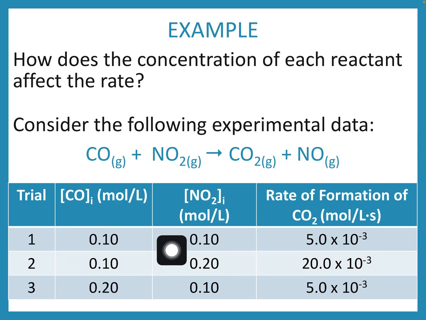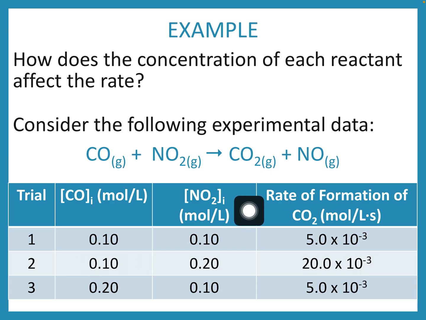In the reaction data here, we have initial concentrations for both reactants. And when we look at the data, we have 2 trials with the same concentration of one reactant and 2 trials with the same concentration of the other reactant.